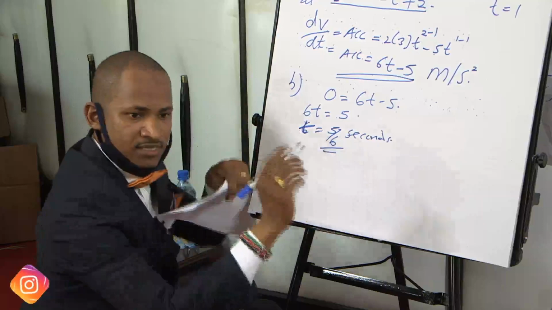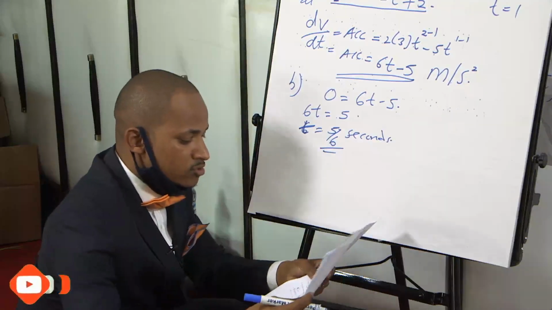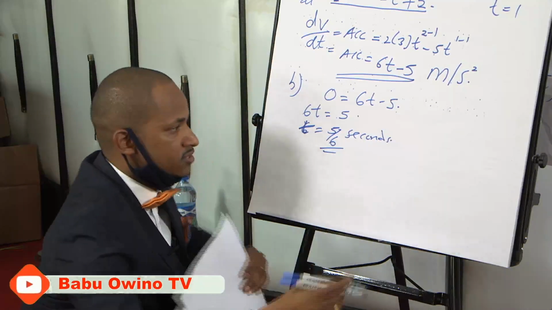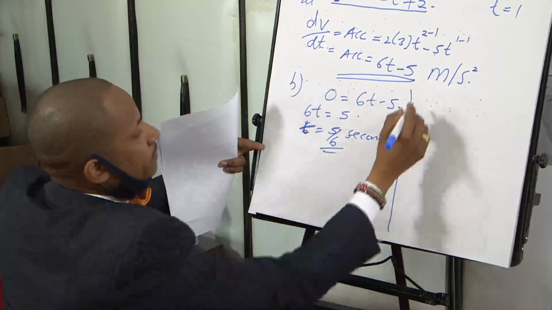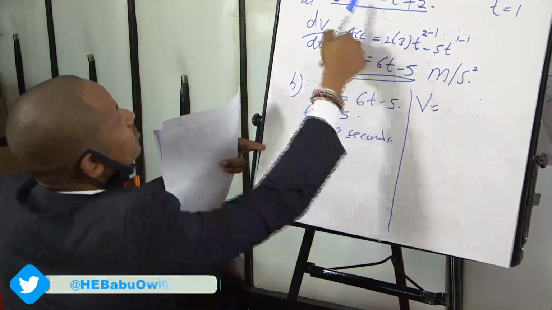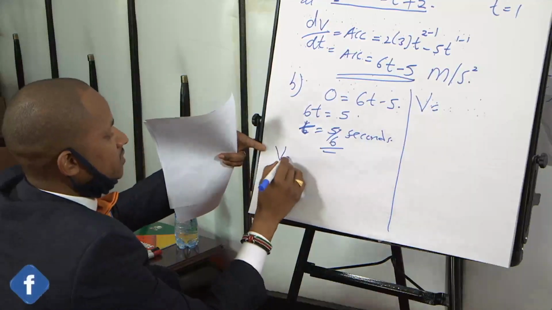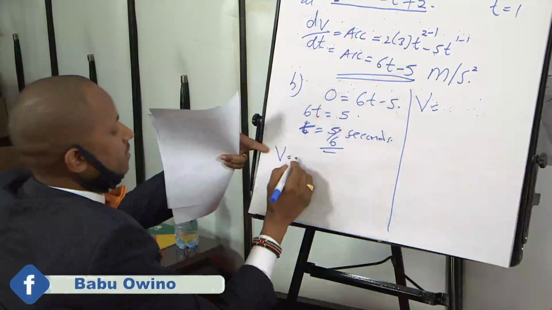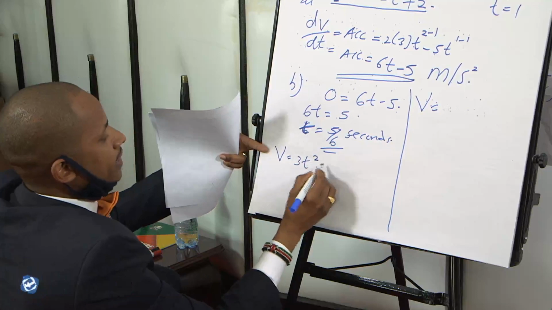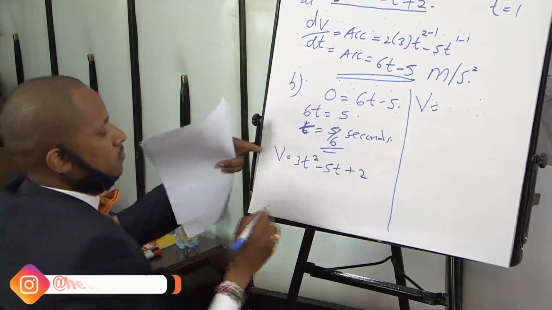But this is t, although the question wants the velocity when acceleration is 0. Velocity from our equation is 3t squared minus 5t plus 2.